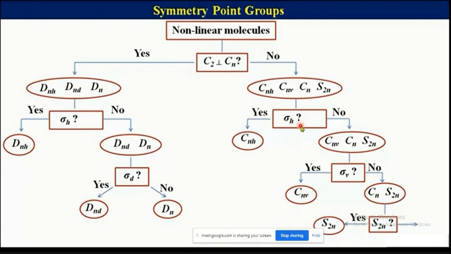If no sigma h, then the remaining three have a probability to be present in the given molecule, that is Cnv, Cn, and S2n. Now if sigma v is present, then Cnv. If no sigma v, then the point group will be Cn or S2n. And if S2n is present, then of course the point group will be S2n, otherwise the point group will be Cn. Right?